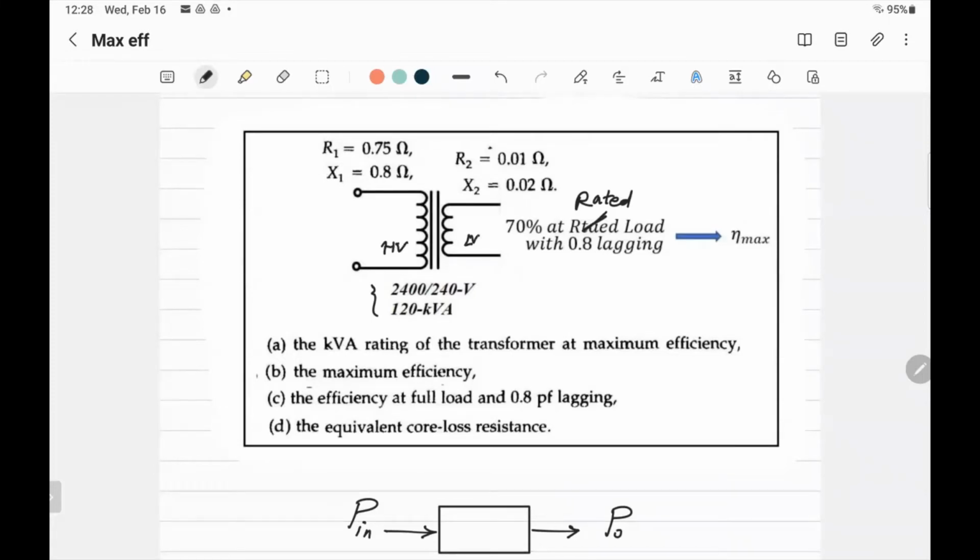And they said that to get the maximum efficiency of this transformer, the load should be 70% of the rated load, and the power factor is 0.8 lagging. So if you do that, you'll get the maximum efficiency.